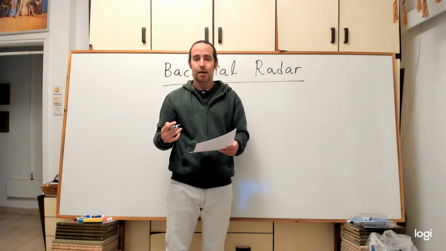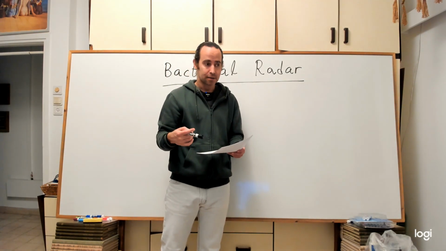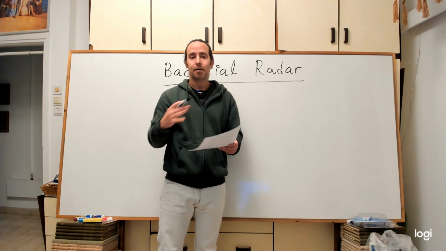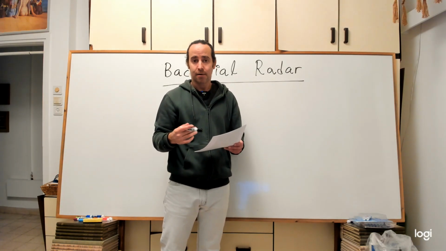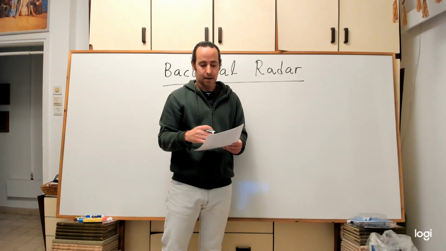So here a bacteria uses another kind of waves to know where it is. It's not exactly radar, but that's the closest thing that I could think of, that you know what it is right away.